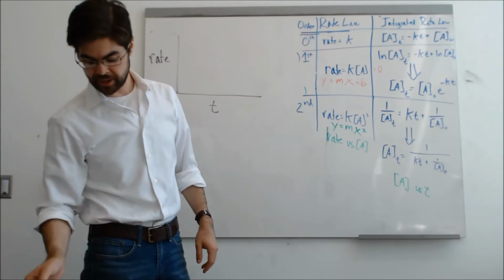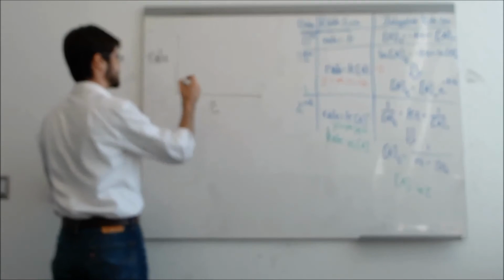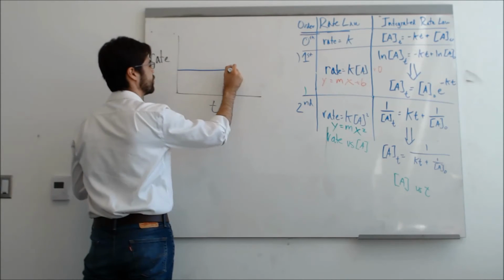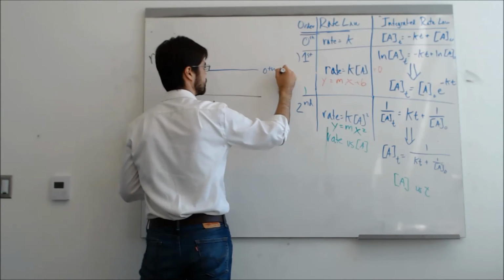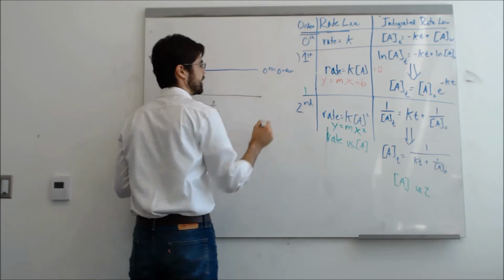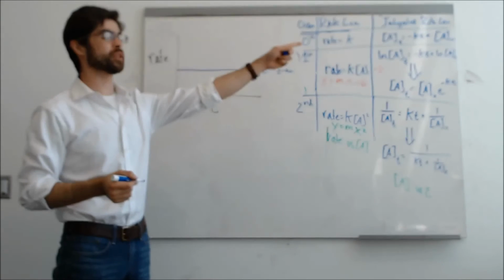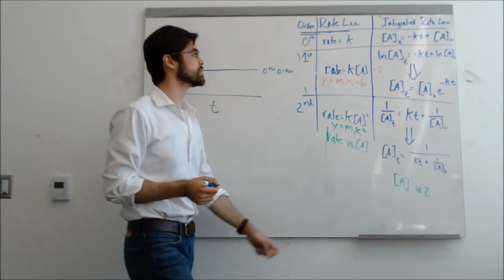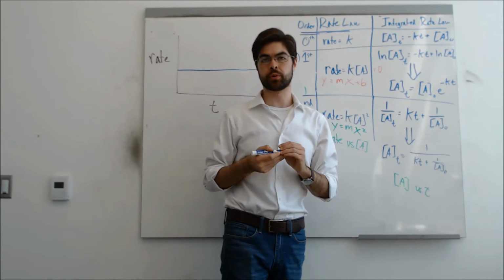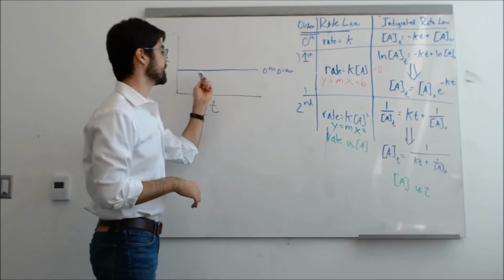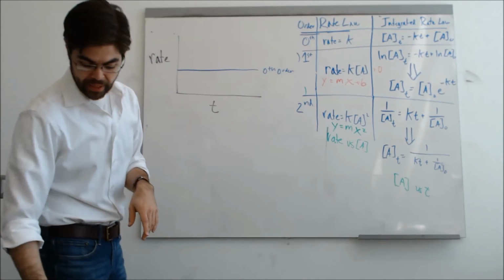So what we expect here is to yet again have a flat curve for the 0th order reaction. Even though concentration changes with time, concentration decreases, the rate doesn't depend on the concentration for a 0th order reaction. So that should be constant with time.